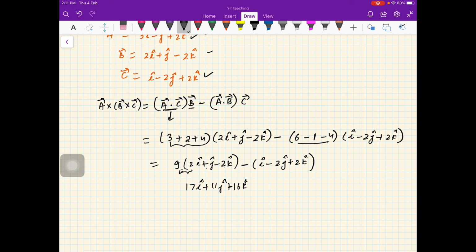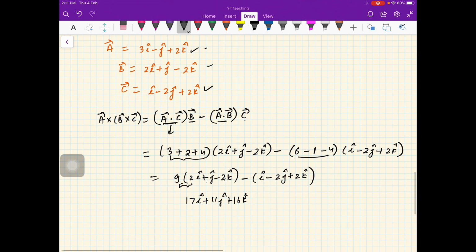So this is first dot third into second vector minus first dot second into third vector. So you see here, you are doing the calculations. First dot third will be 3 into 1, then minus 1 into minus 2, plus 2 into 2, that is 4.